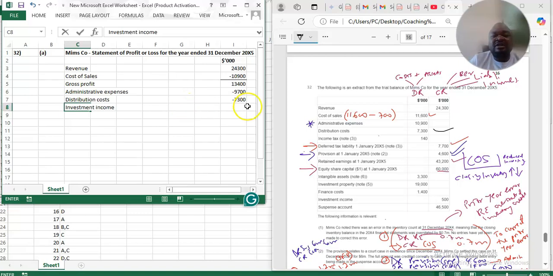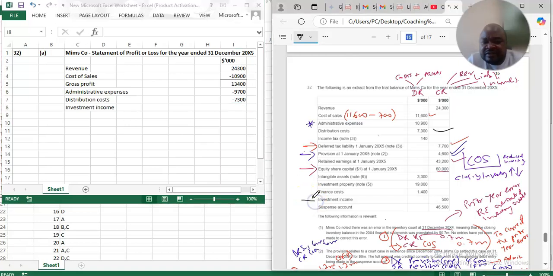The investment income, originally we had, where are they? These ones. Initially we had 500, okay, but there was a fair value uplift in investment properties from 20 million to 22 million.